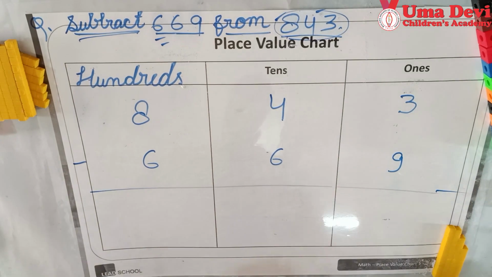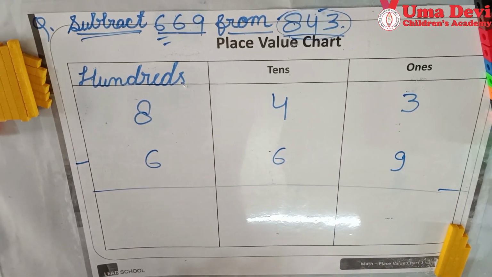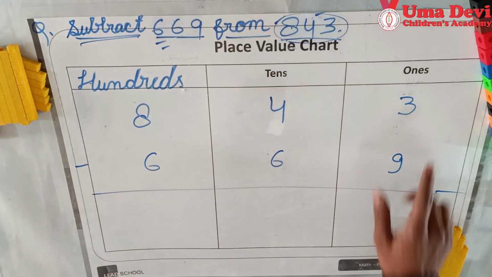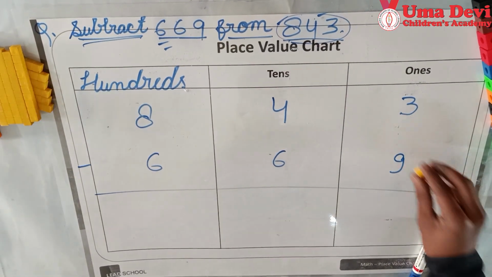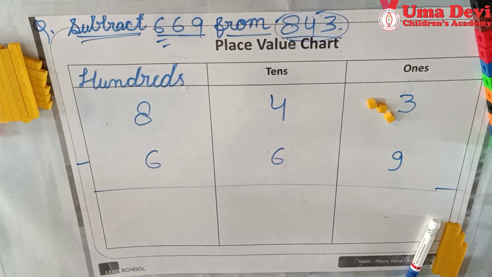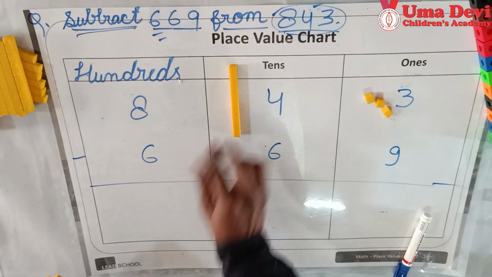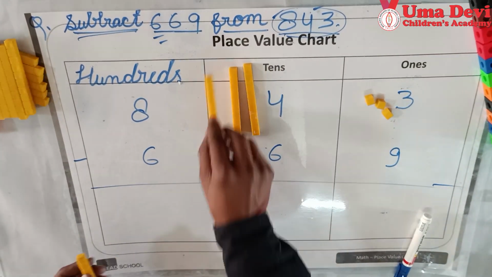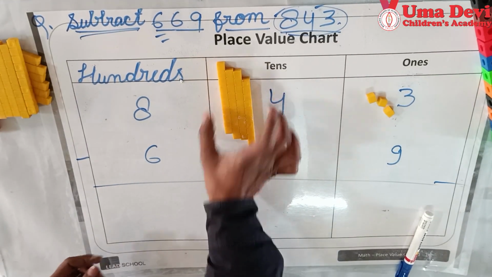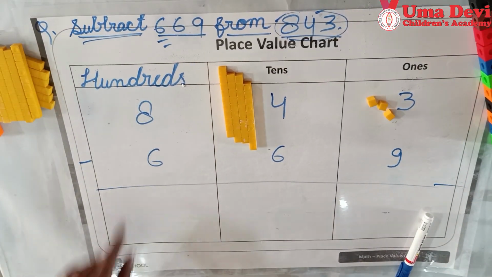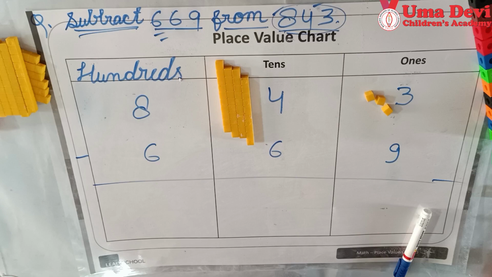We have to subtract this. So how many ones are there? There are 3 ones, so I am taking 3 ones blocks here: 1, 2, 3. There are 4 tens, so I am taking 4 tens blocks here: 1, 2, 3 and 4. There is 8, and how many 100 blocks will we put?